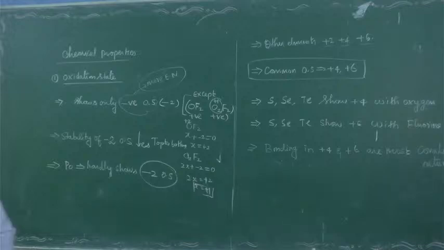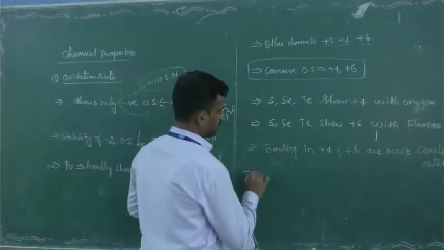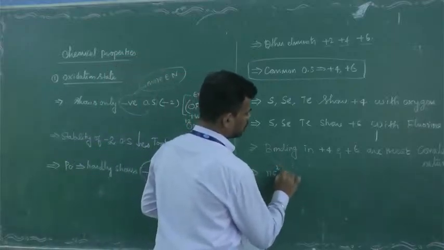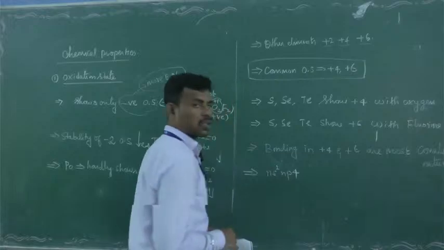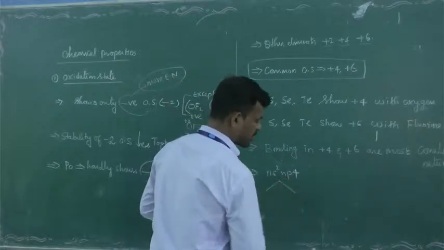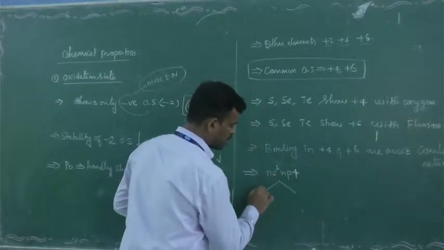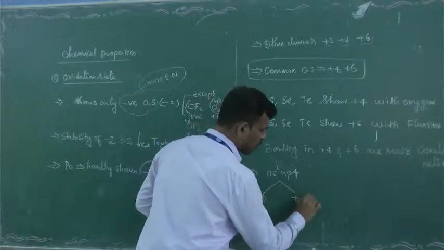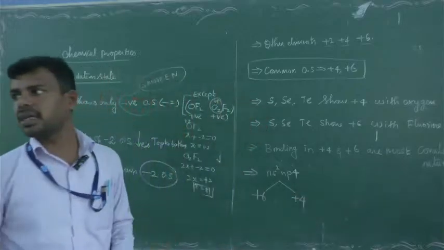Okay, the last point. You have ns2 np4. How many oxidation states are possible with this configuration? Plus 6 and plus 4. Is it clear?